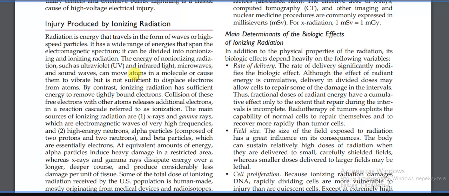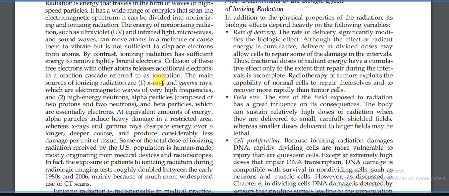Okay, so which examples do we have? X-rays. You know that X-ray is a very common procedure. We do it every year to check our lungs for TB lesions, or might be pneumonia. Nowadays it's very common in the form of CT.